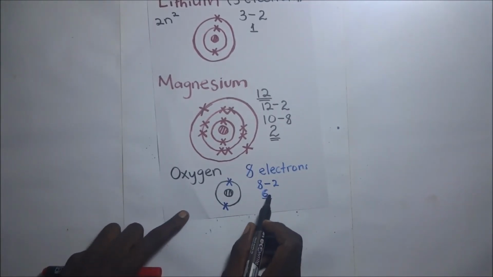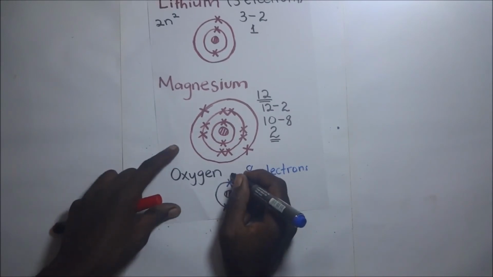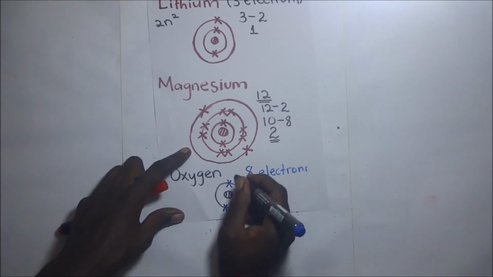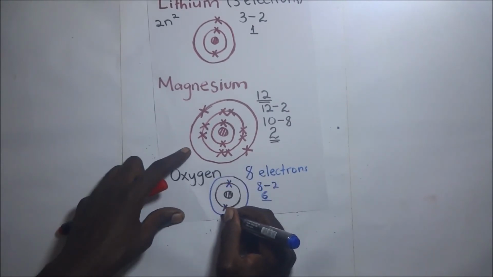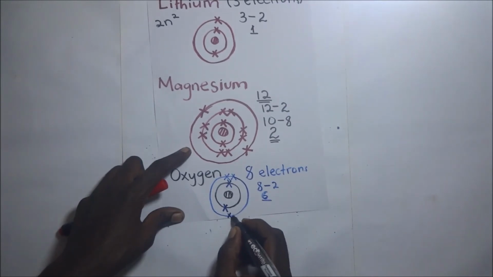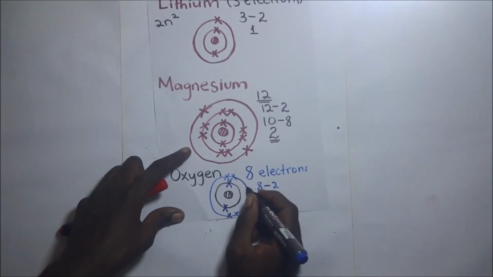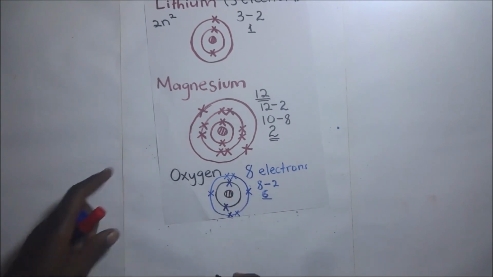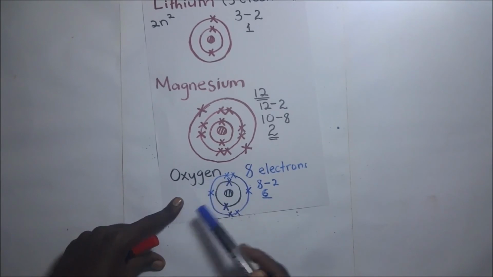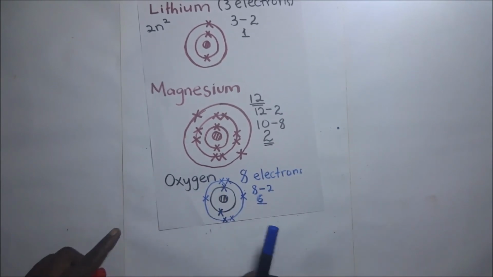These 6 electrons will have to look for space on the second energy level, and on the second energy level, we can accommodate all the 6. Why is it possible to accommodate all the 6? Because the second energy level can carry up to a maximum of 8 electrons. So all the 6 can be accommodated on the second energy level, and so on and so on.